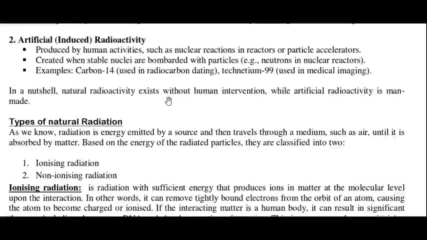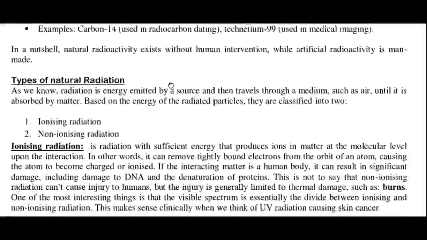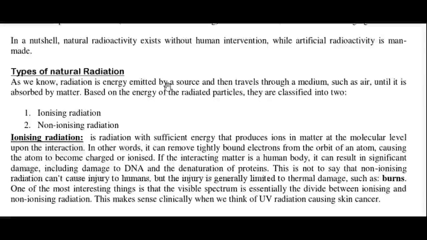Carbon-14 is an example of what? Artificial radioactivity. Technetium-99 is also a result of artificial radioactivity. So in a nutshell, natural radioactivity exists without human intervention, while artificial radioactivity is man-made.